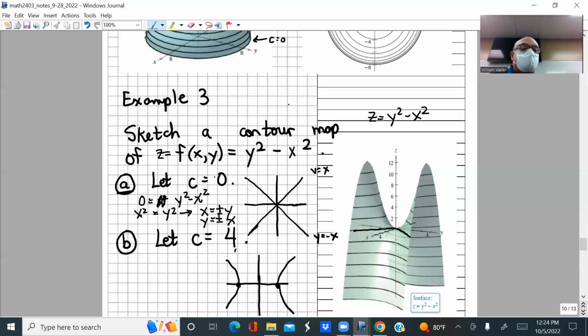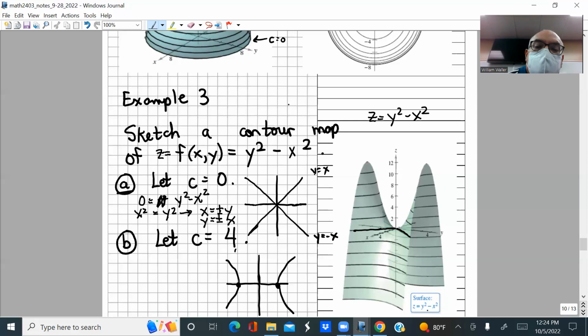So when you graph this, the trace in the xy plane, notice you get two things here: y equals plus x and y equals minus x. What does y equals plus x look like? That's just y equals x. Isn't that the line y equals x? So you get this line.